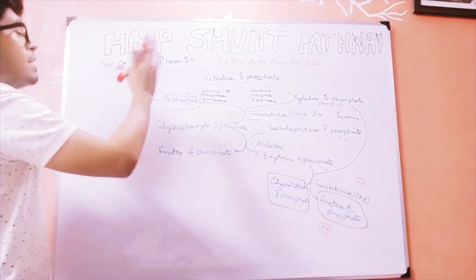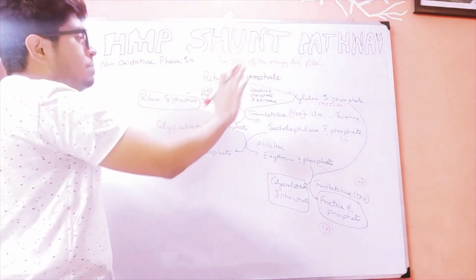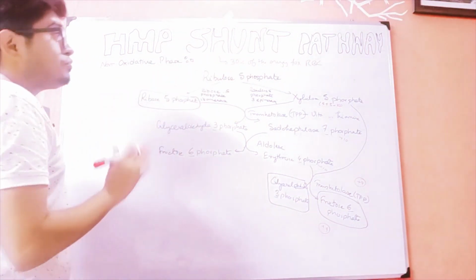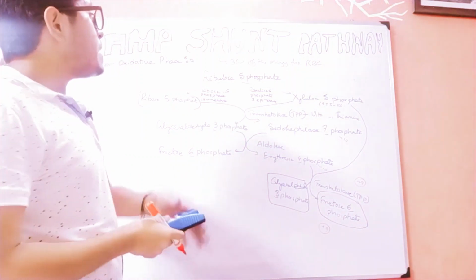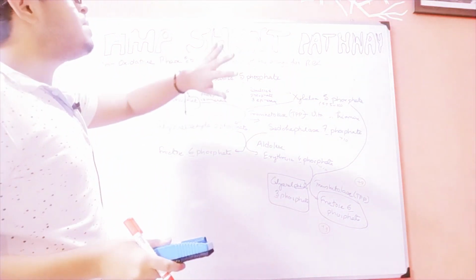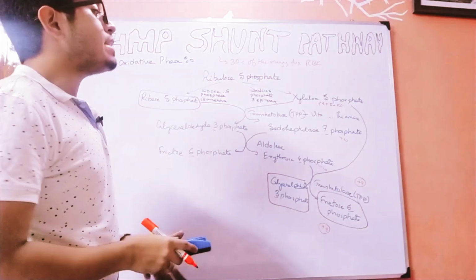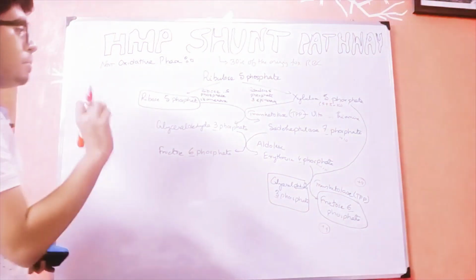Now, this process of HMP shunt can therefore be a process in which the RBC generates NADPH molecules.